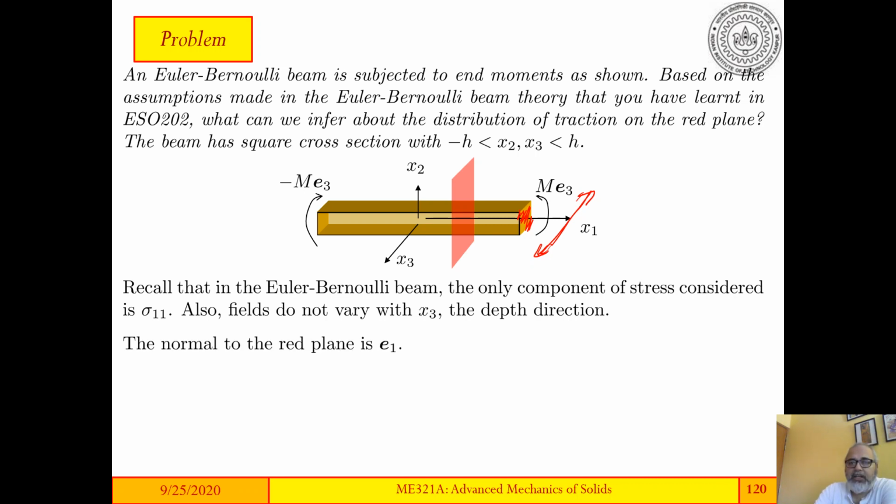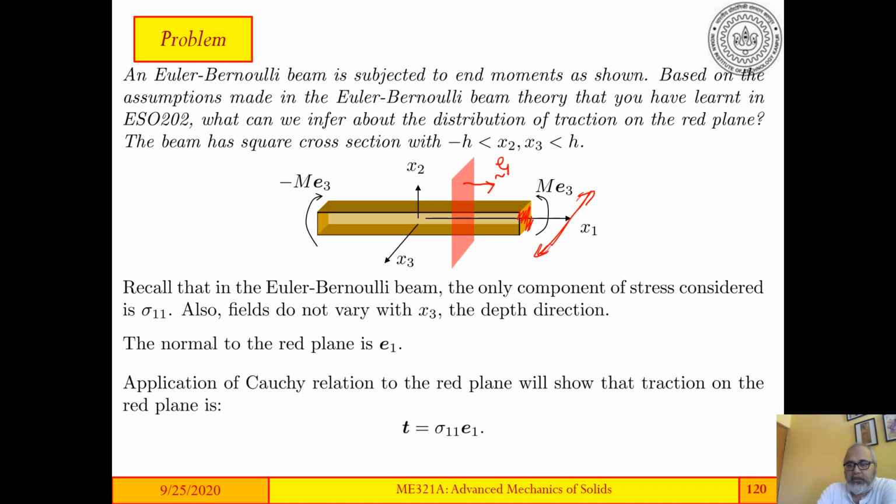Let us take this red plane that I have drawn here. The normal to the red plane is E1. If I apply the Cauchy relation, which, remember, was Ti equal to sigma ji nj, then n1 is 1, n2 is 0, and n3 is 0 as well.